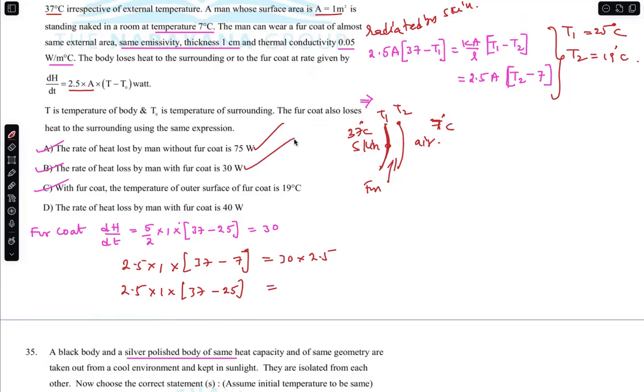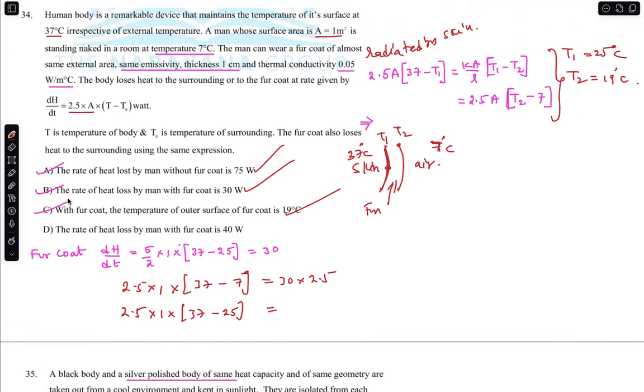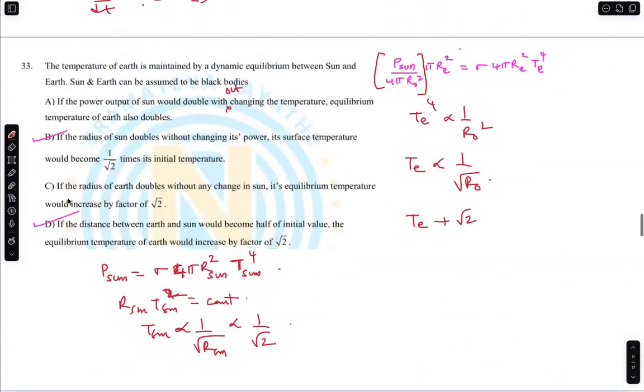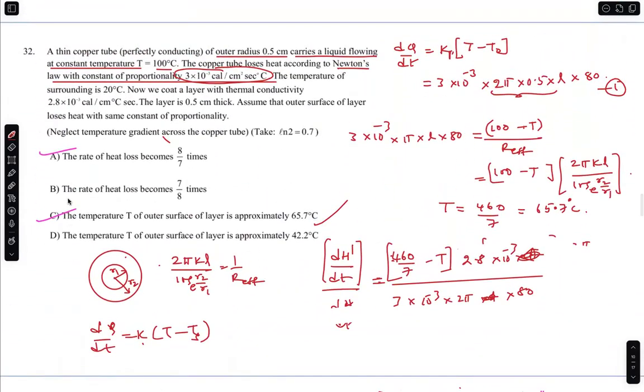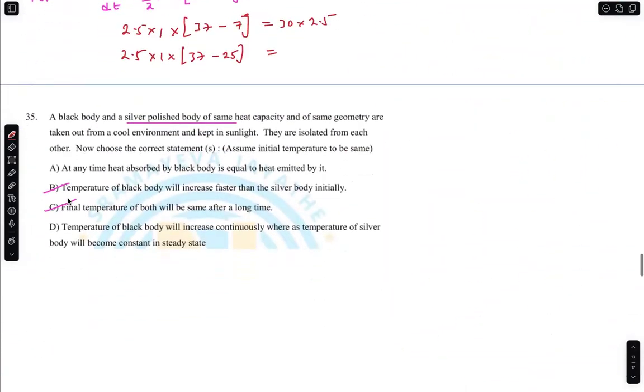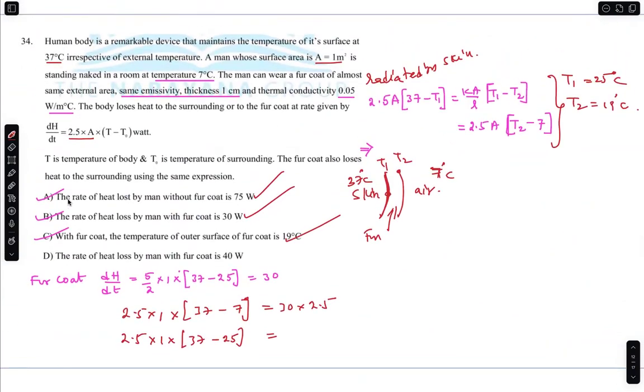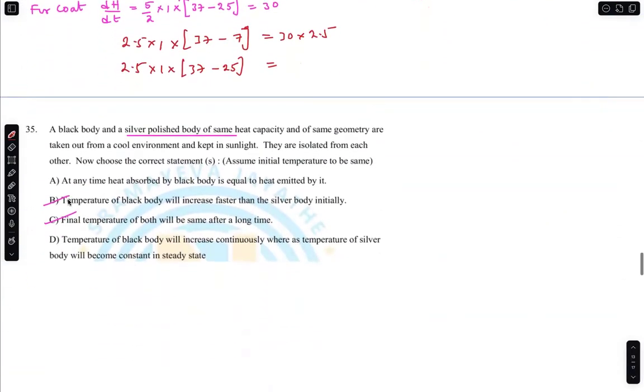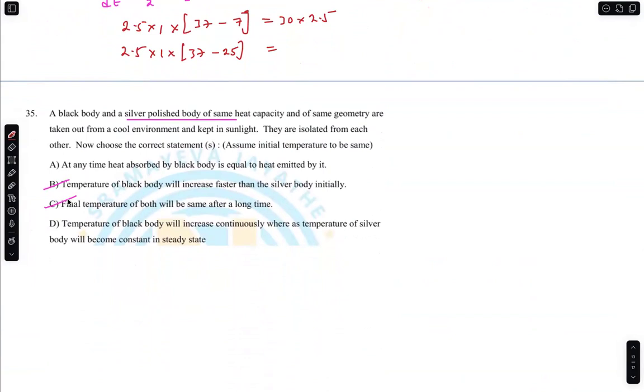With fur coat, the temperature of the outer surface of the fur coat, I have already derived, is 19 degrees. When A, B, C are correct, D is wrong. See, I am repeating again. If you are good at the 32nd question, you will definitely do the 34th question. Please remember the 35th question I have done in the class.